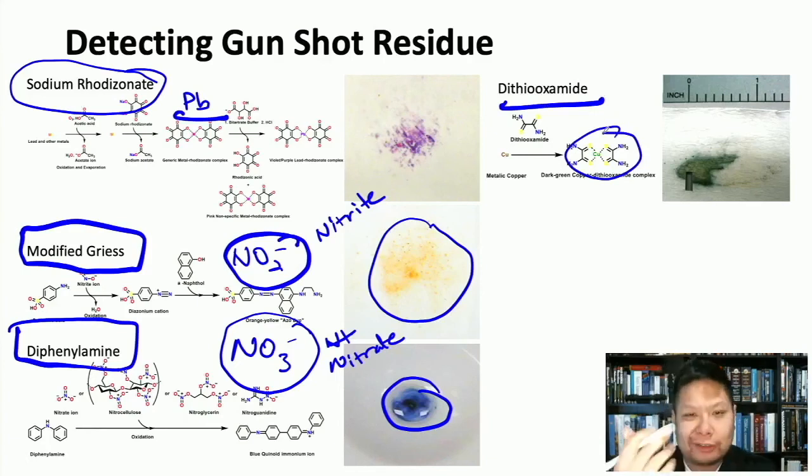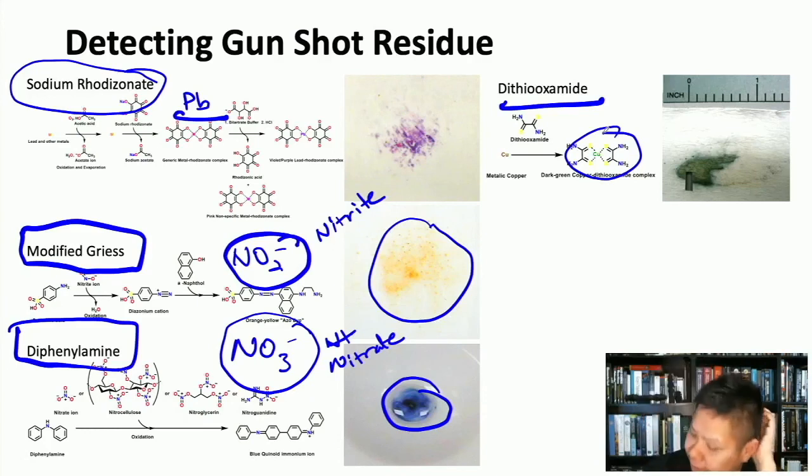It turns out that a lot of the bullets that we find in casework, most commonly they're bullets that are copper jacketed, right? The bullet itself is lead inside, and then it's jacketed with copper on the outside. And so when you're looking at a bullet hole in a shirt, you need to make sure it actually is a bullet hole and not from somebody just tearing it with a knife or just tearing a hole in it, right?